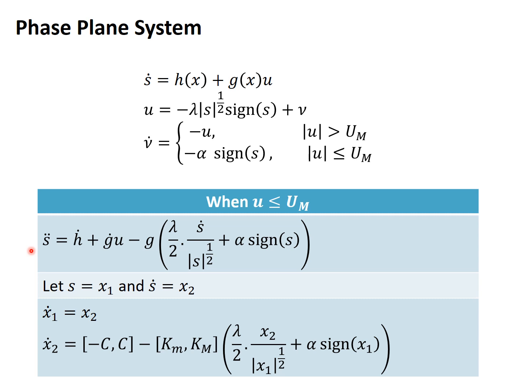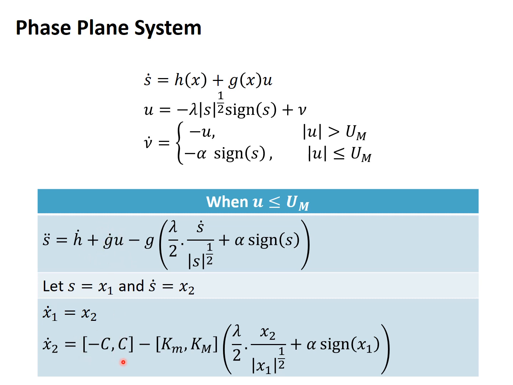So, once we have this S double dot, now we can select S as x1 and S dot as x2, and we will land up in this formulation. So, here x1 dot is x2, x2 dot is basically S double dot, which is this. Now, we have written this in this manner. How can we do this? We already have an assumption that the bound of h dot plus g dot u is less than c.